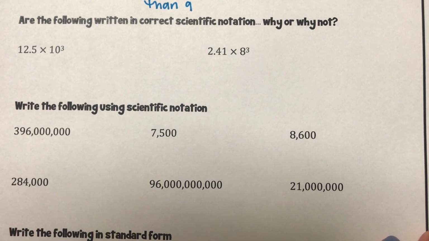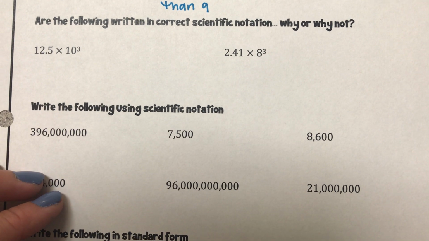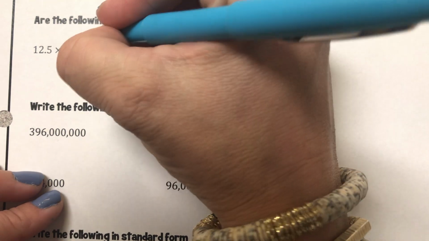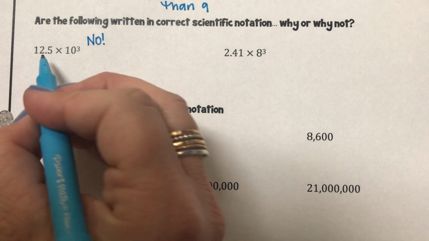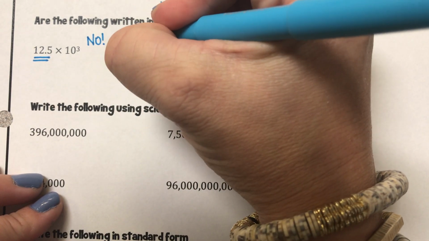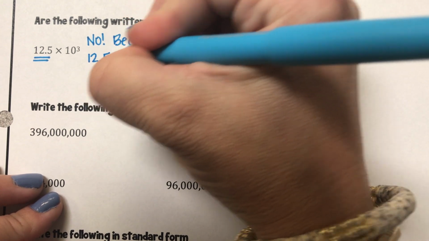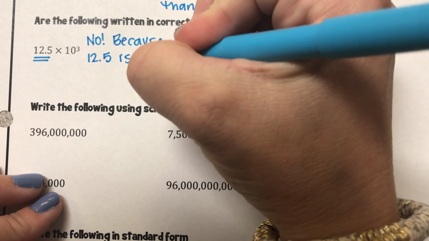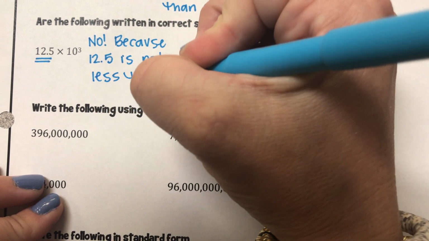So it says, are the following written in correct scientific notation? Why or why not? So what do you think? Is this one correct? This one is not in correct scientific notation because 12.5 is not less than 10.